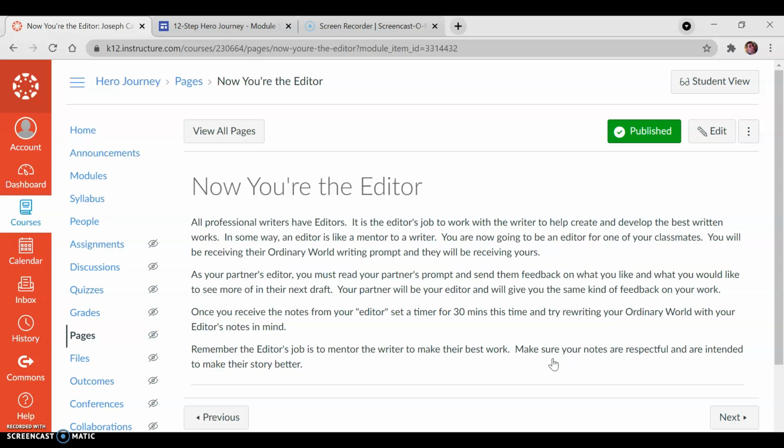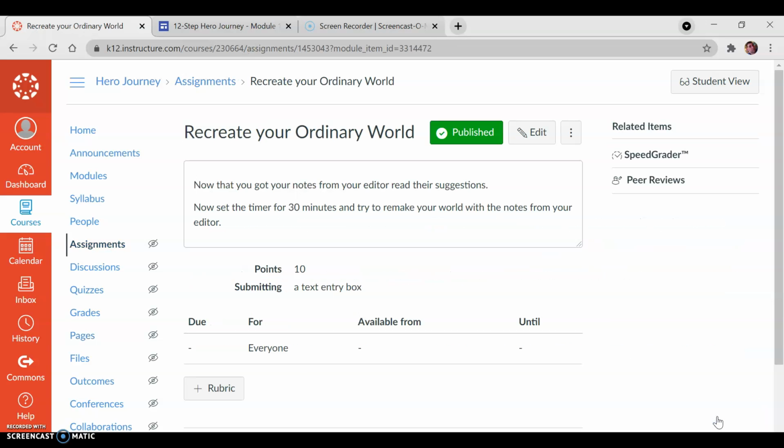The idea being that every professional writer has an editor, and it's that editor's job to work with the writer to help create the best work possible.